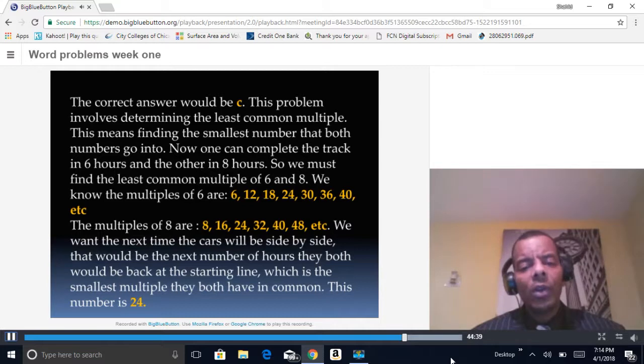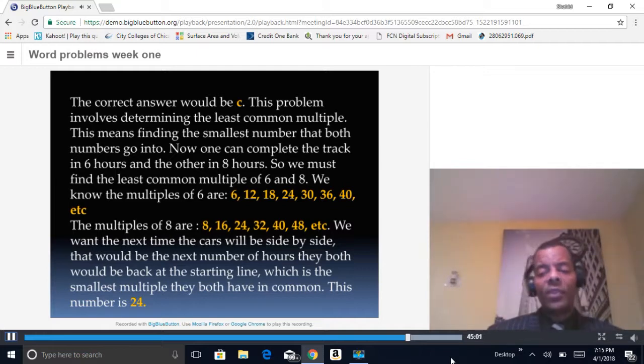If you look at both rows, the first time that both of them have the same number is at 40. Oh, no, I'm sorry, at 24. They do have 40 in common as well. But the first time that they both have the same number in their rows of multiples is 24.